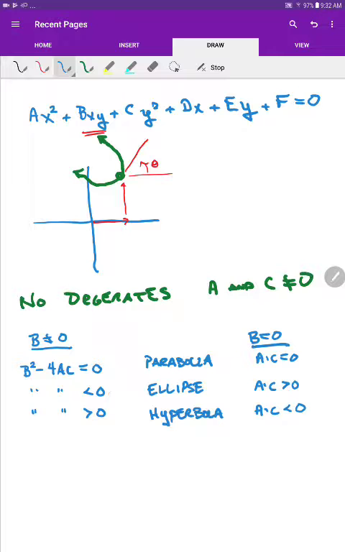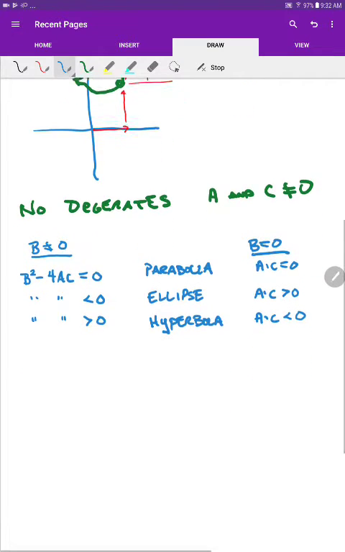So you might get confused like I just did when I was writing this down, but when you think about it, you understand.